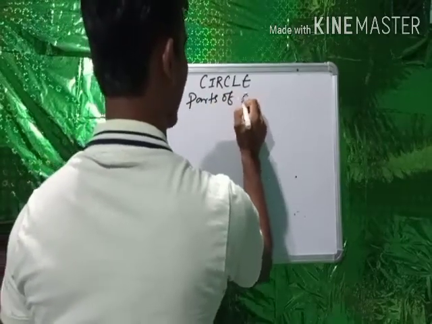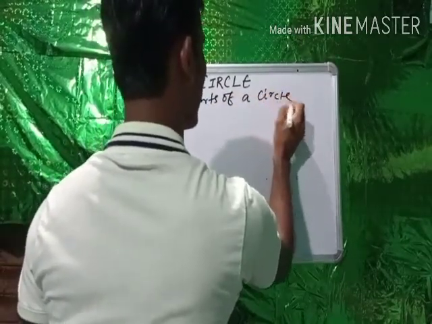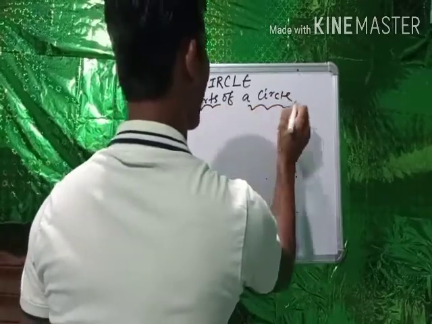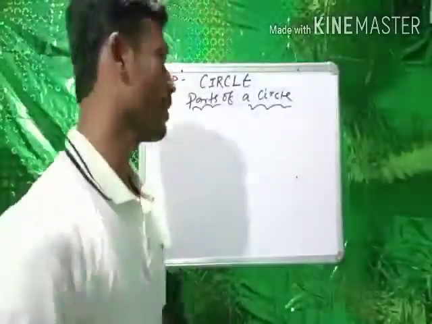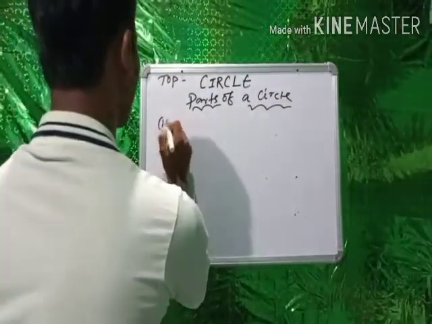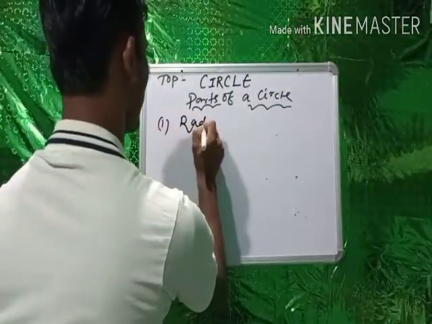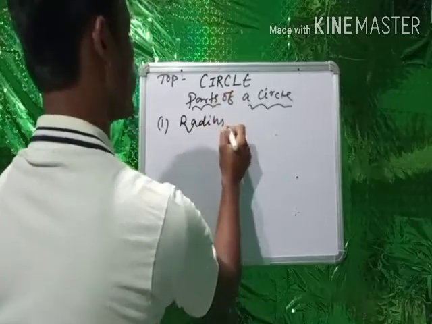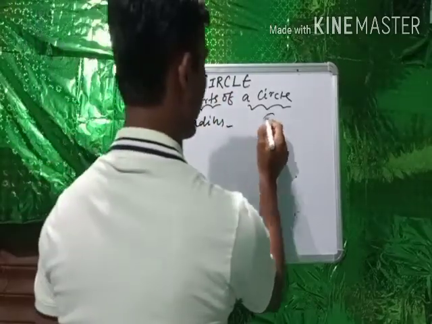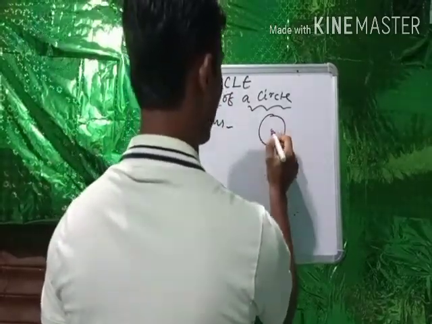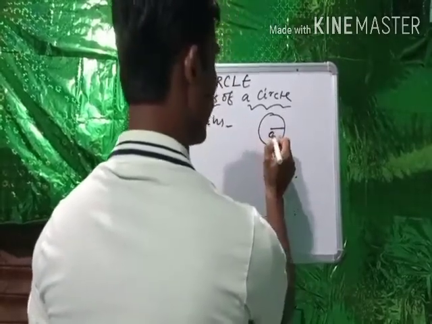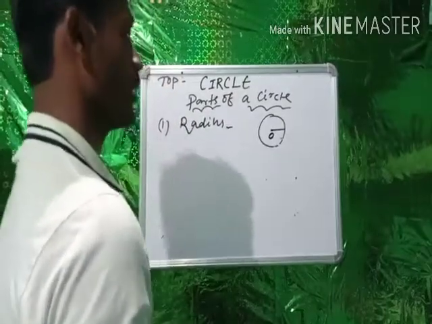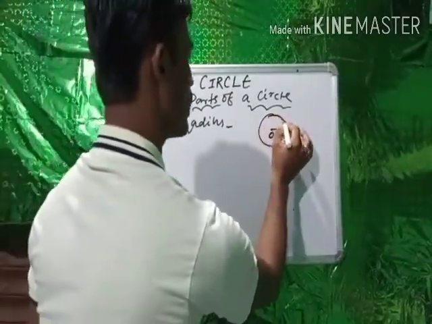Parts of a circle. First comes the radius. First of all, radius. You just look at the diagram, you can understand better. Just look at O, the center of the circle.